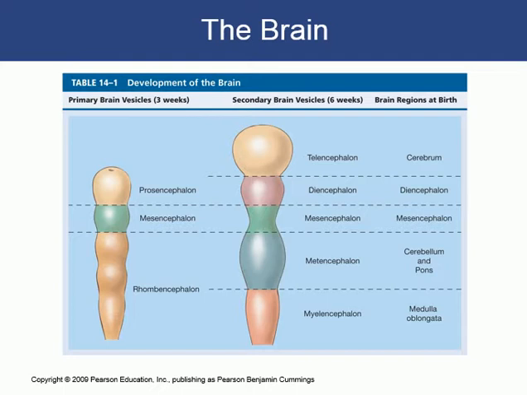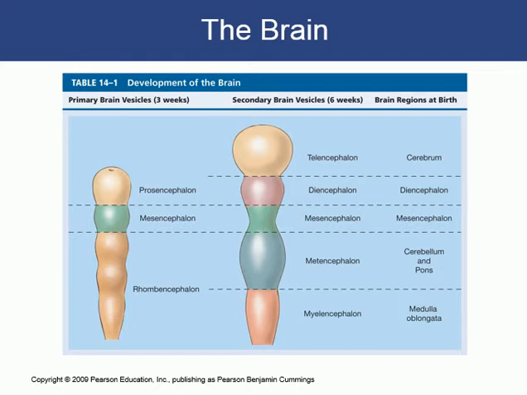The prosencephalon will give you two parts: telencephalon and diencephalon. Mesencephalon will stay as is throughout the whole life. It doesn't change, and it's also called the midbrain. Rhombencephalon will give you the metencephalon and myelencephalon.